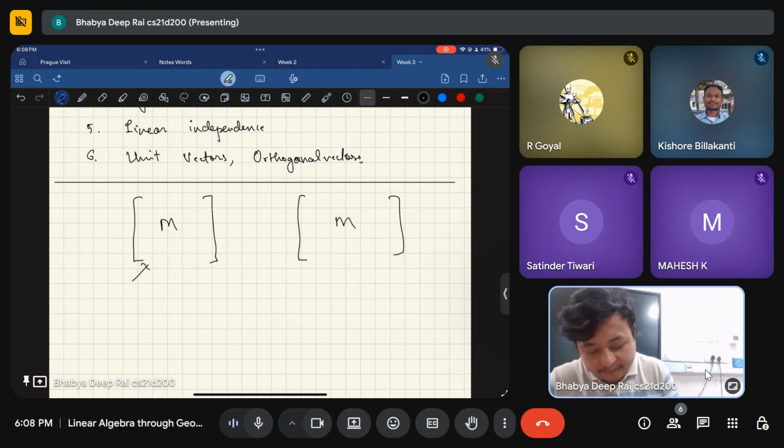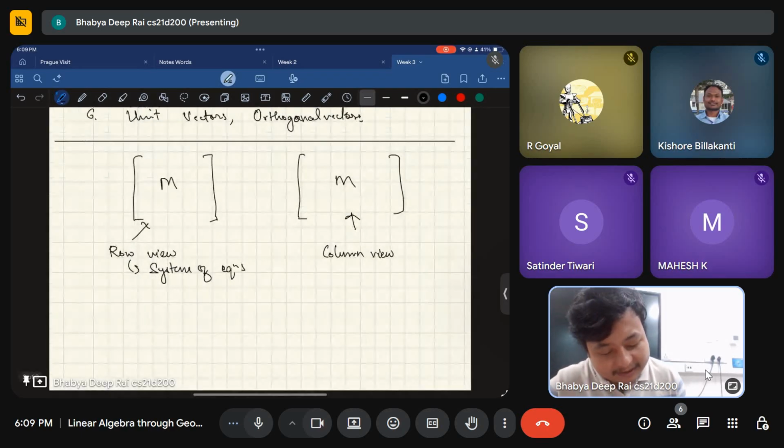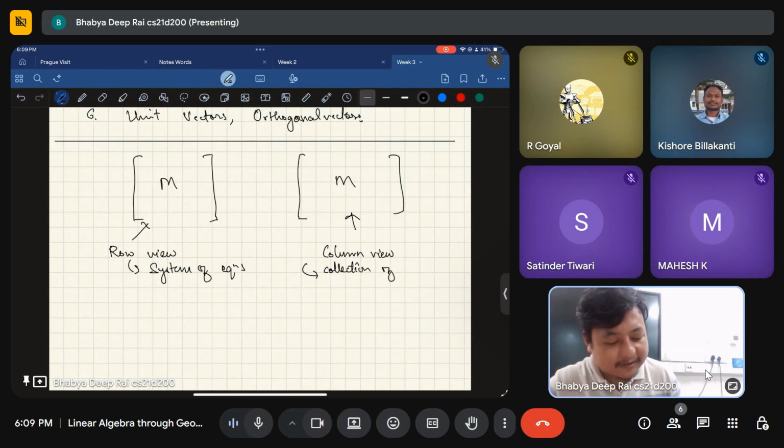Now, what are vectors? They are column matrices. In the row view, these represent coefficients of the system of equations, whereas in the column view, we say these are vectors.